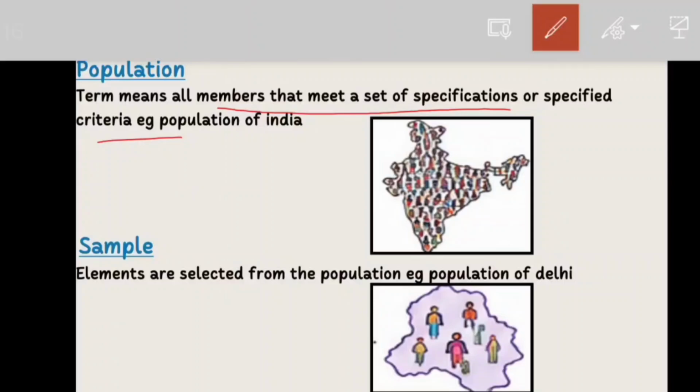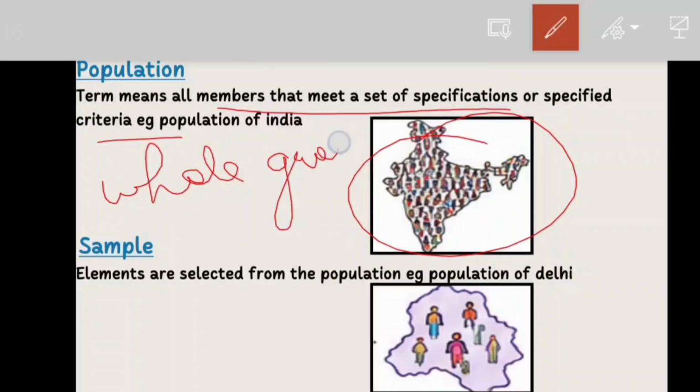Suppose we want to study the oral health of people in India, then the population will be the population of India. So remember, the population means the whole group. If I want to study the prevalence of dental caries among all the BDS students in India, who is my population? Yes, all BDS students in India.